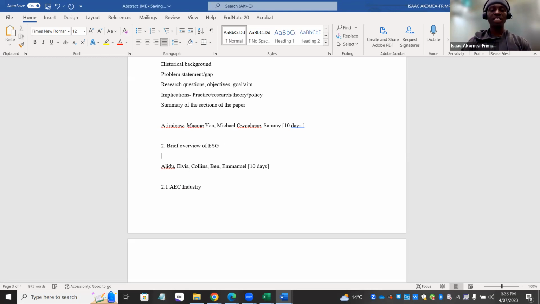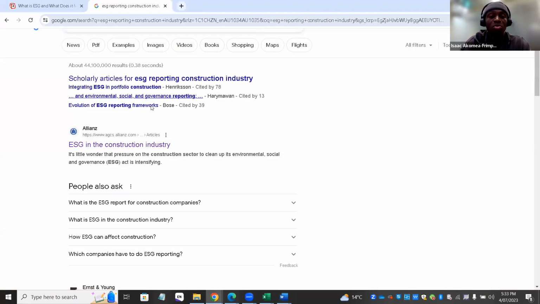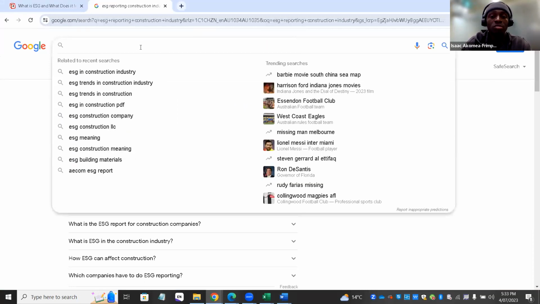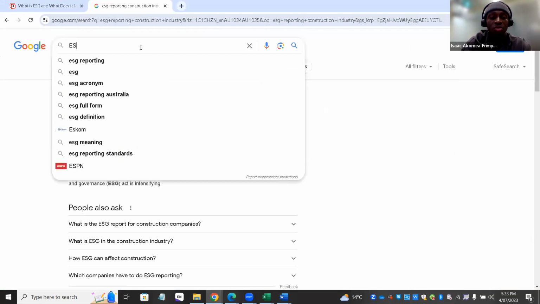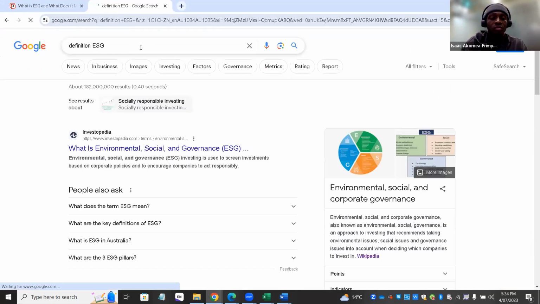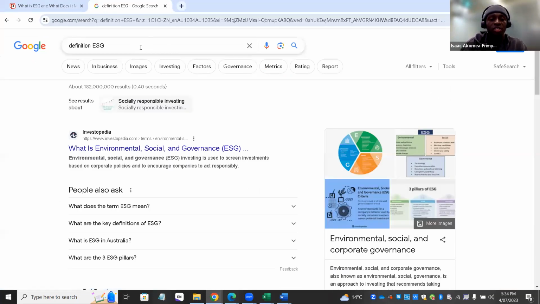But what am I expecting here? So here I want to see the definition of ESG. And this definition shouldn't come only from the construction point of view. It can be general. What is ESG? General. So once again, you need to do readings, whether it's a normal Google search or something else. Okay, there's something I'm seeing here, so let me go back and show you something.